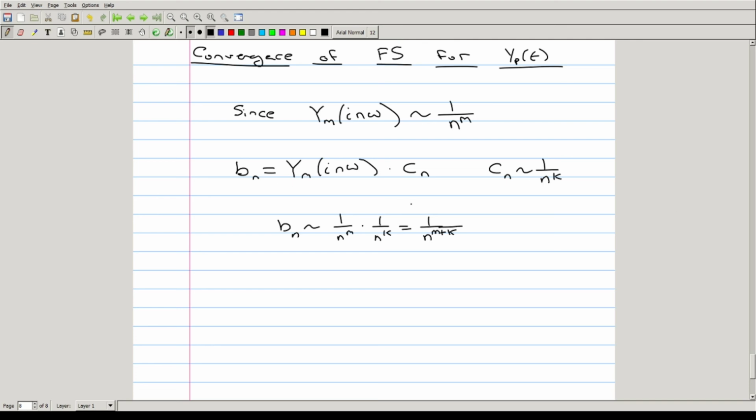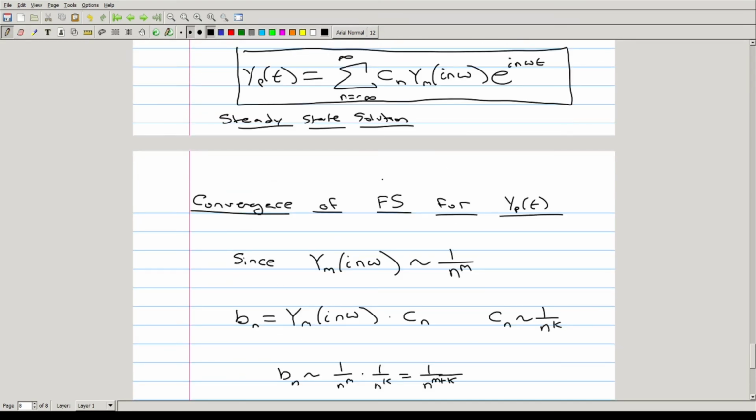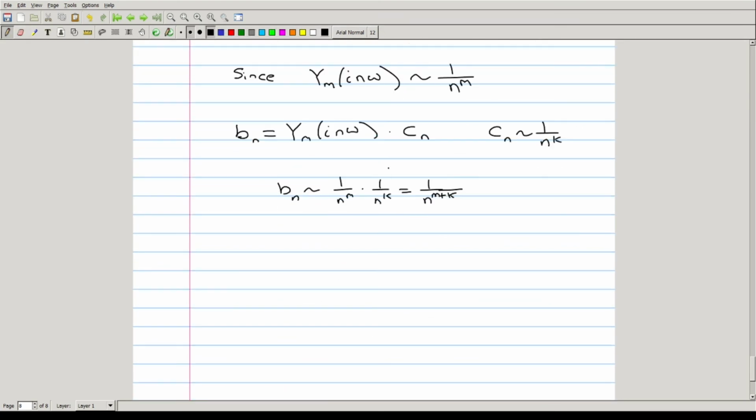And a good exercise would be to prove that because B_n is Y_m of i n omega, and B negative n is Y_m of negative i n omega, these two values are actually complex conjugates of one another.